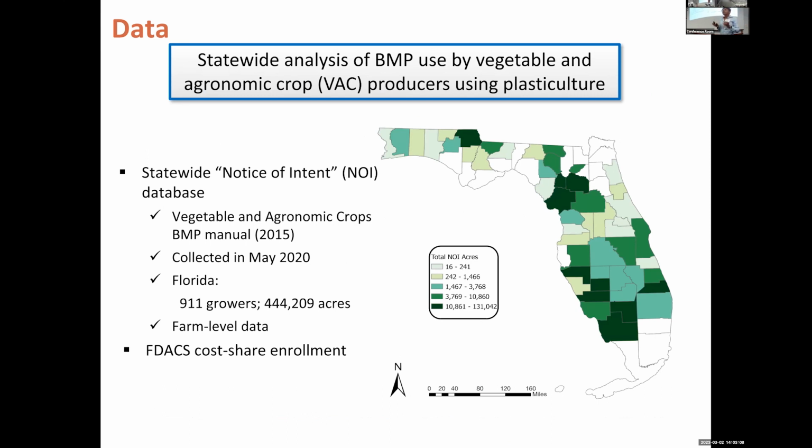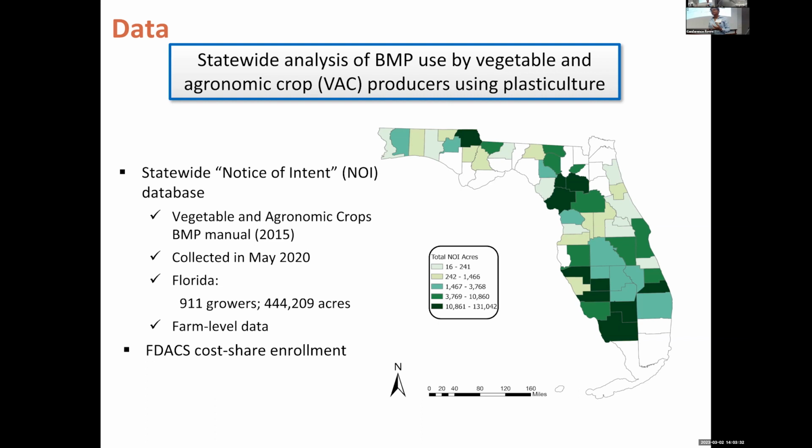Now, here are some of the data limitations. As great as this data set is, it's not designed for research. It's designed for FDACS. But this is what is out there, or this is what is available. So in the data sets where we get this NOI data, we know where the farm is. We know how many acres the farm has.